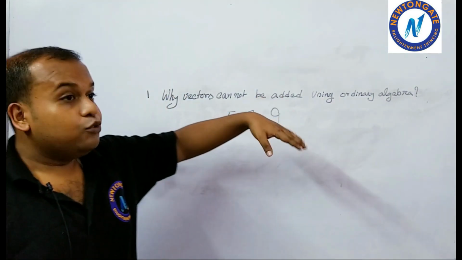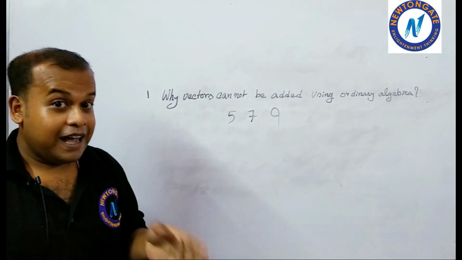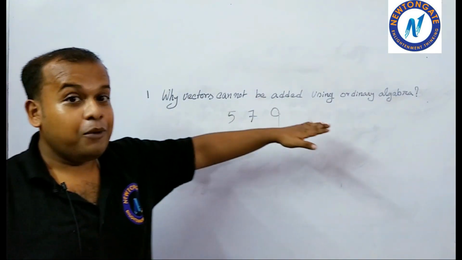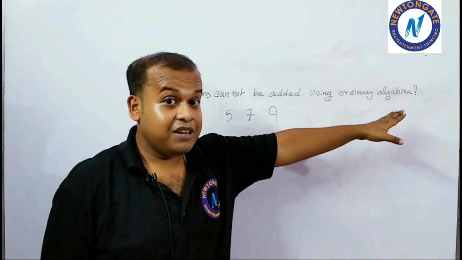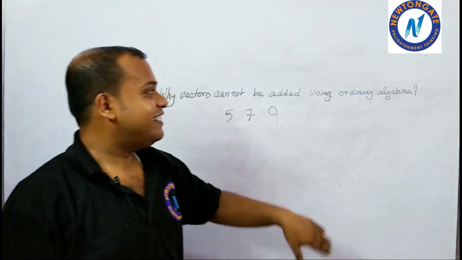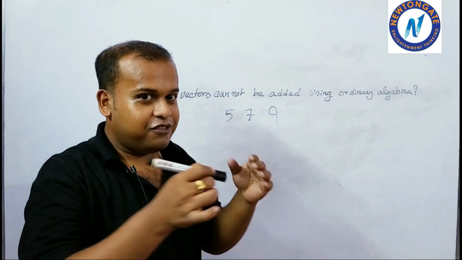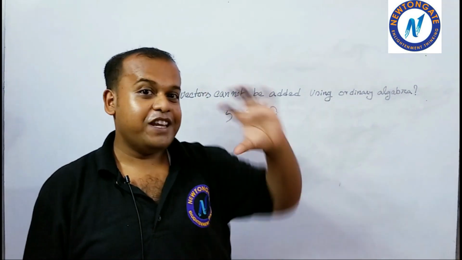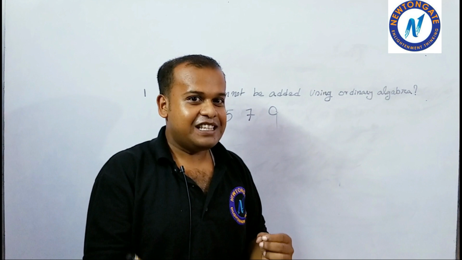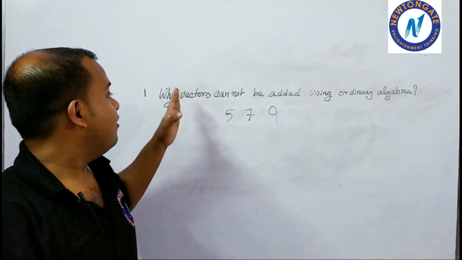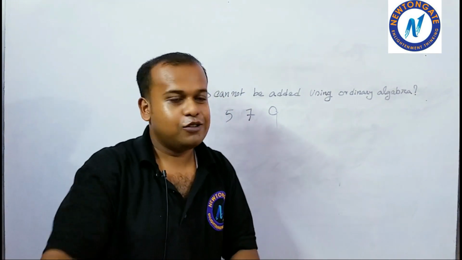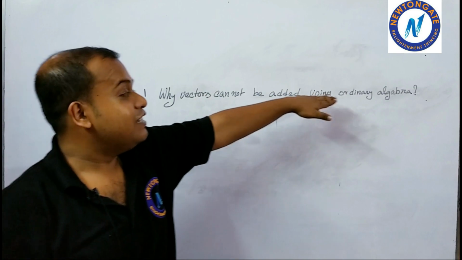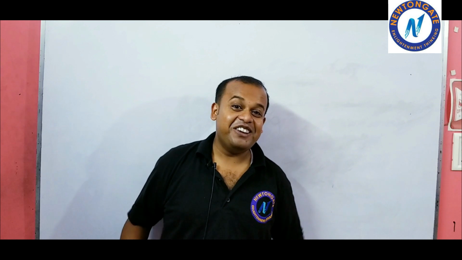So for that direction we must have some other methods to calculate the direction part also, and hence the calculations of vectors must be done using a special kind of algebra, called vector algebra, using which vectors can be added, subtracted, multiplied, or divided, but vectors cannot be added using ordinary laws of algebra. And with this we have reached the end of this video.